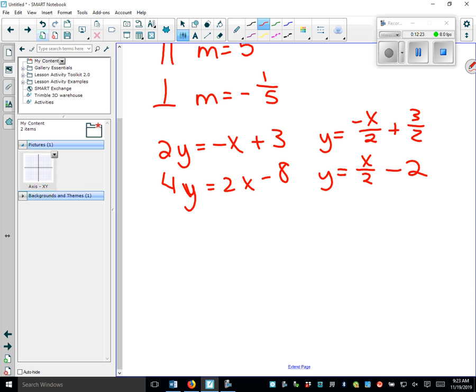Has to be exactly the same. Perpendicular, negative reciprocal. We okay with that? That's all you have to do with parallel and perpendicular. You have to know what the slopes do. Everybody okay with that?